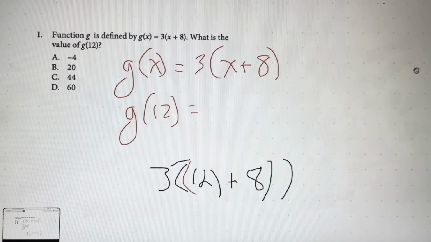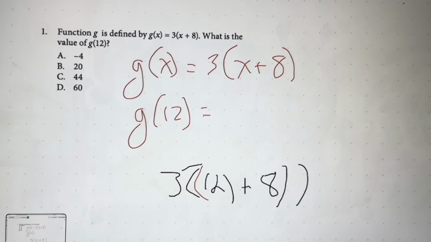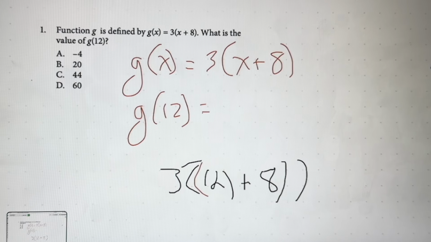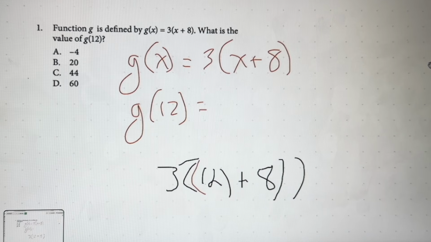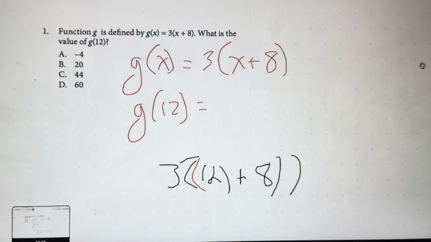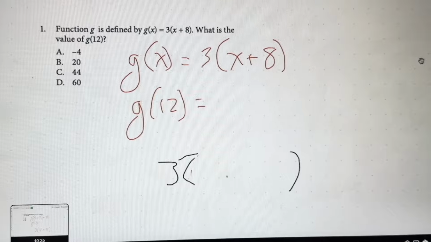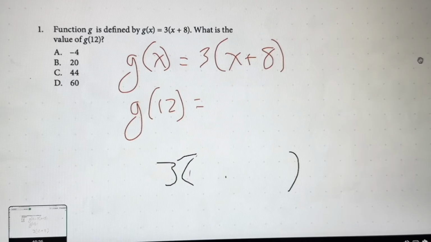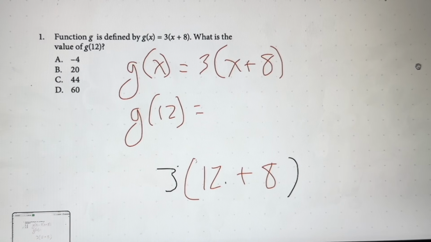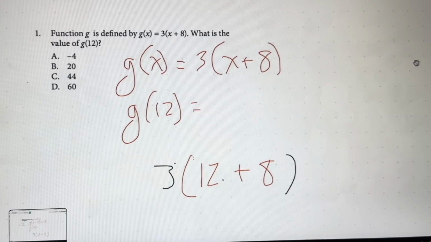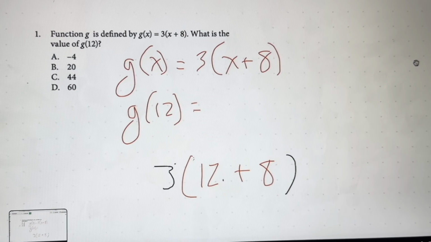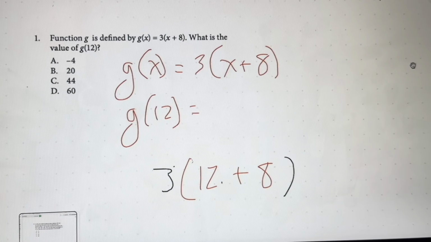I want to make it real clear for anybody watching the recording here. I would plug it in like this. You can put the 12 in parentheses, but then you've got double parentheses. You can do that. I would just do that multiplication. I think that would be helpful. All right, so 12 plus 8 is what?